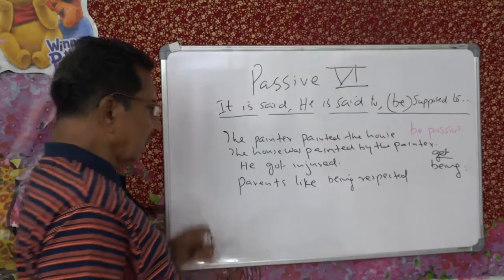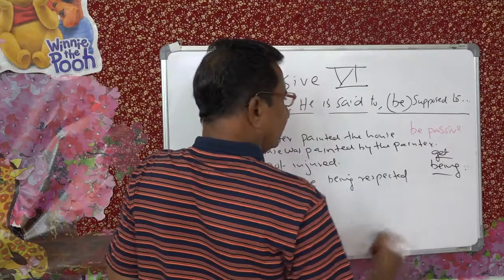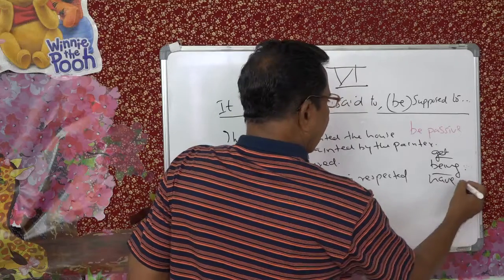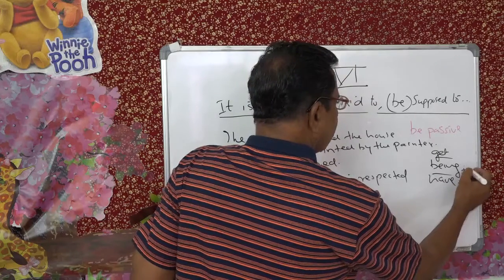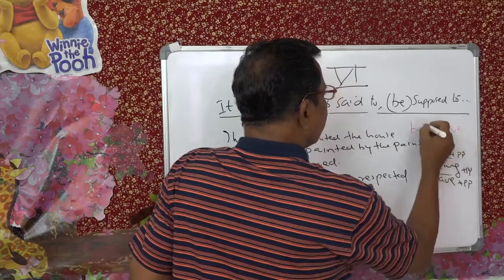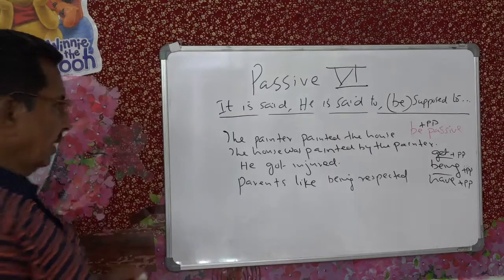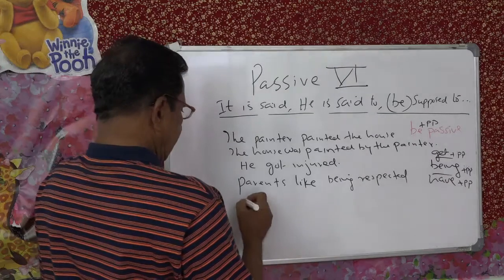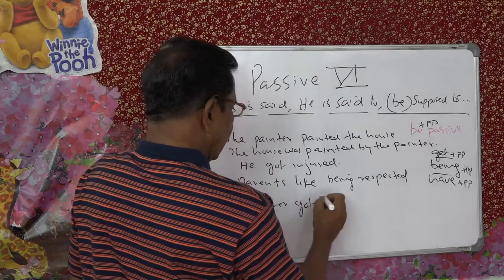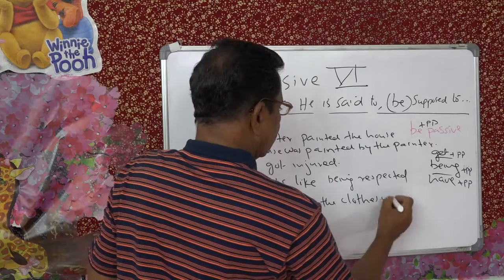And then we saw another passive. So get, being and have. Have plus past participle, all is past participle. Here also, be plus past participle. Here we have: Mother got the clothes washed.